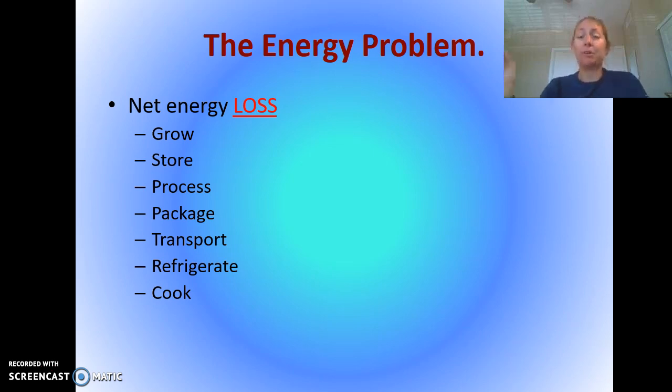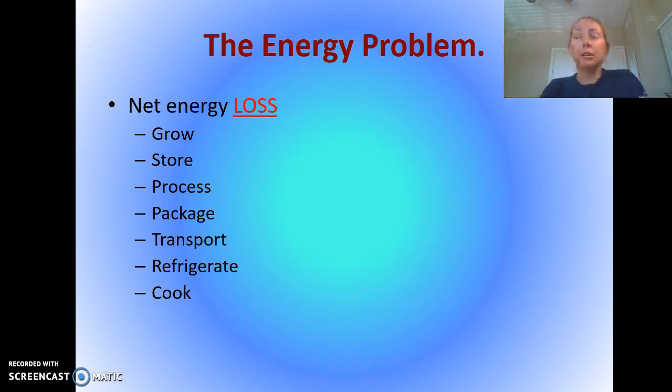Now we've planted the crops, we've maintained them, we've harvested them, all of which require energy in some way, shape, or form. Now we have to transport our crops to a processing facility, and that's going to require fossil fuels, most likely. Packaging them, transporting them to the stores, etc., etc.